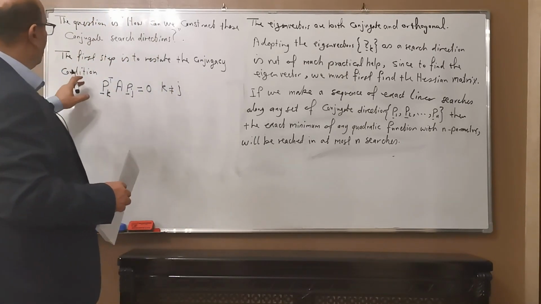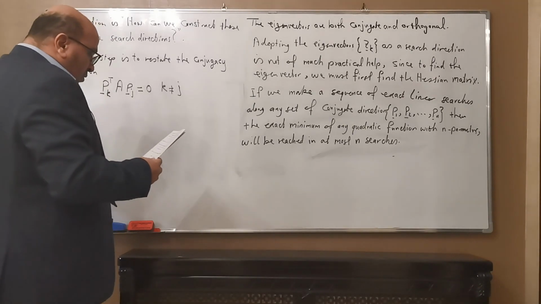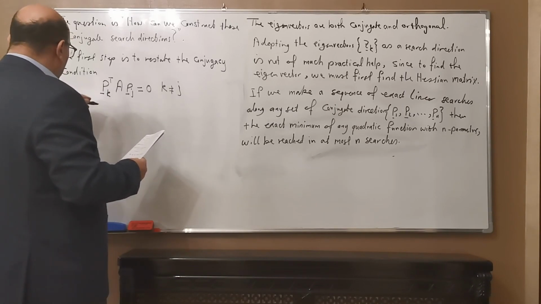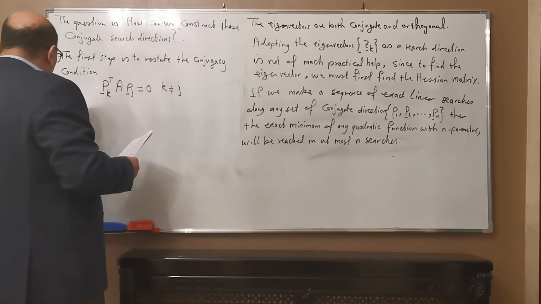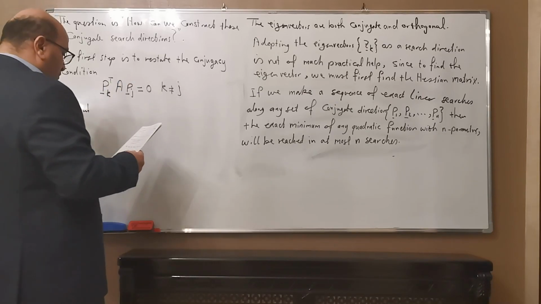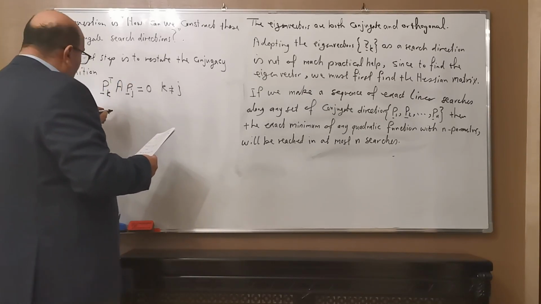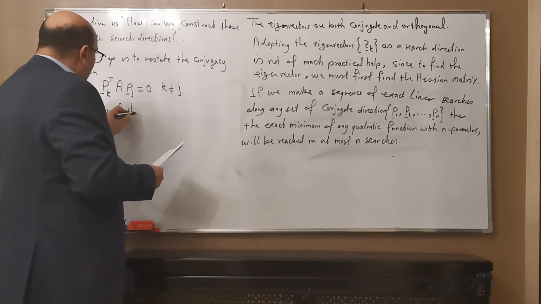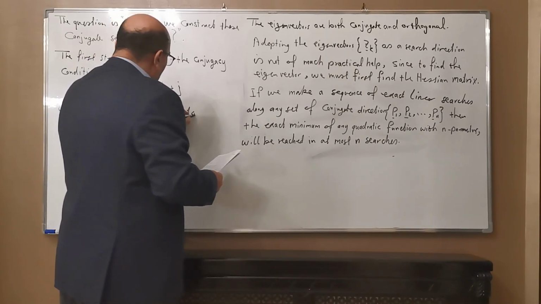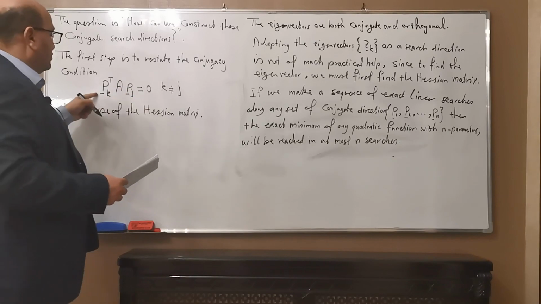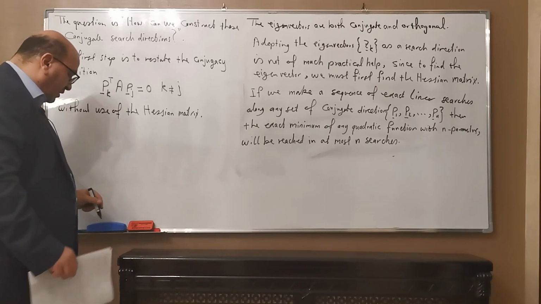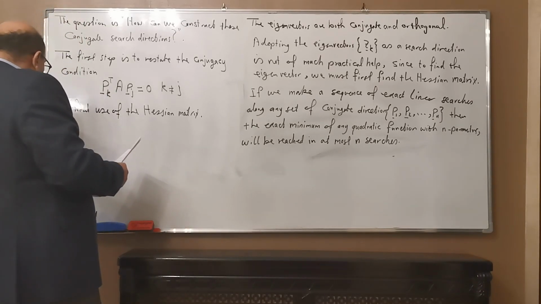So this is our condition for conjugacy. We would like to restate it without the use of the Hessian matrix. So we need to restate this conjugacy condition, but we have to get rid of A, to substitute something else for A.